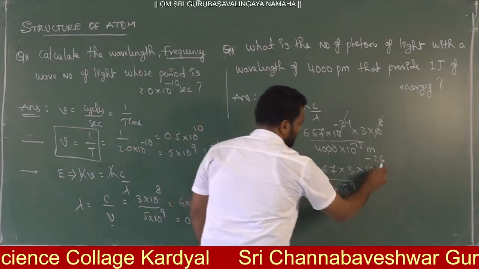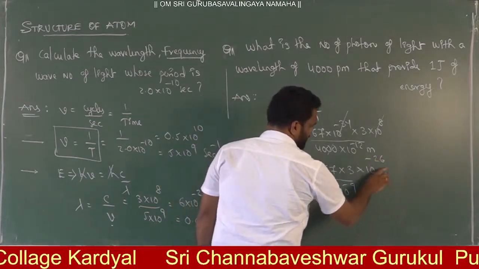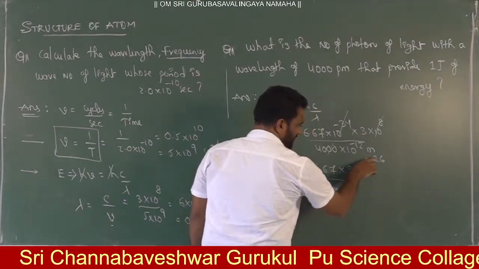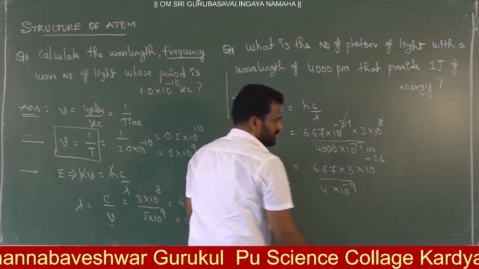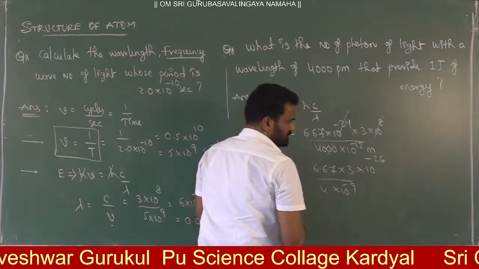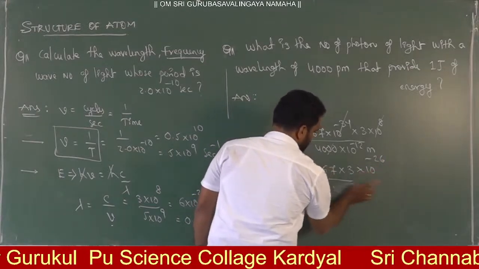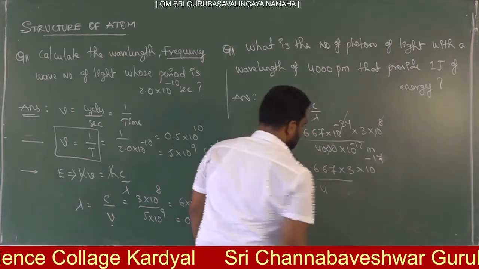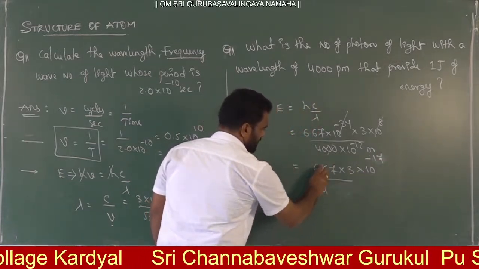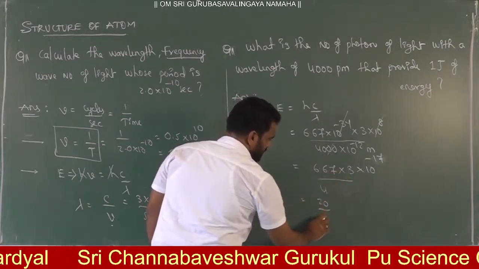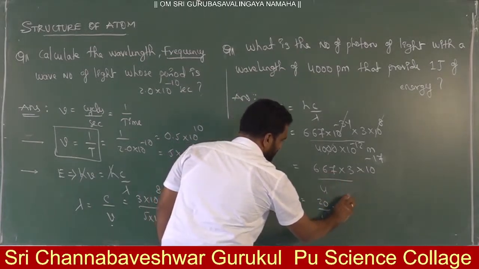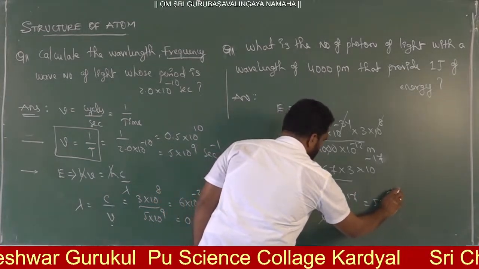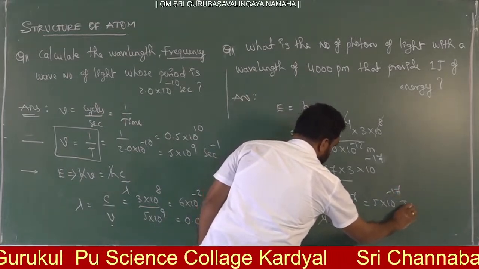The 10 power minus 9 in the denominator goes to the numerator as plus 9, and 9 and 26 combine, giving 10 power minus 17. Now simplify: nearly 20 by 4, into 10 power minus 17. 4 fives are 20, which equals 5 into 10 power minus 17 joules.